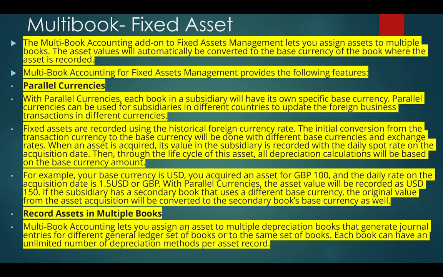In this way, you can also use a specific currency for your fixed asset. For depreciation, you can use multiple depreciation methods. If some countries or industries require a different depreciation method in different parallel books, multi-book allows you to perform such depreciation.